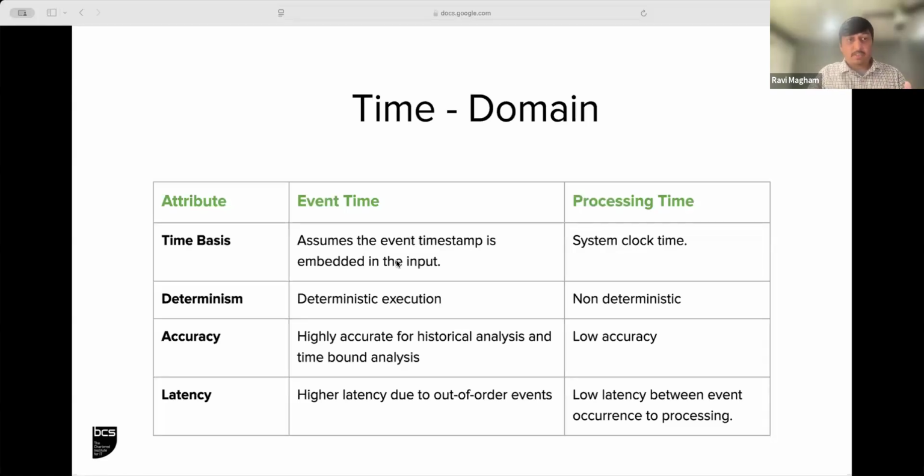So if you go with processing time, it's always influenced by how quickly the processing engine is able to ingest data and process it, because that's going on the wall clock time. It really doesn't group the data that's coming into the respective time windows.